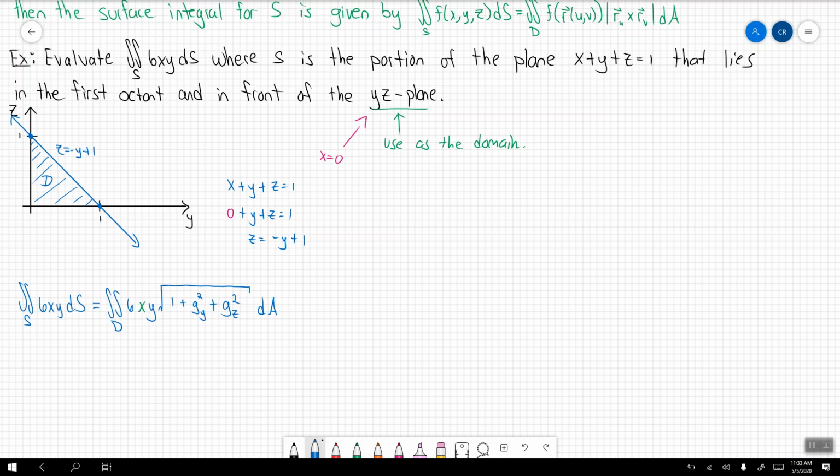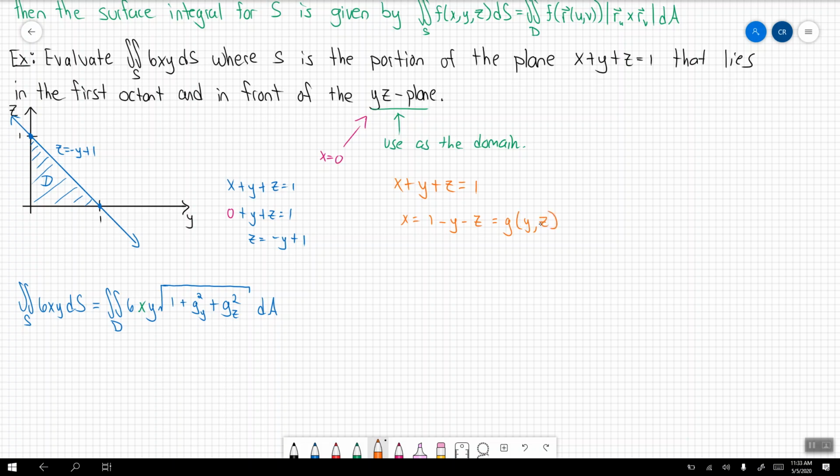I'm going to use that equation of the plane that was given to me: x plus y plus z is equal to 1. And what I'm going to do here is solve for x. The reason I'm solving for x is because now I have a function, my function g, in terms of y and z.